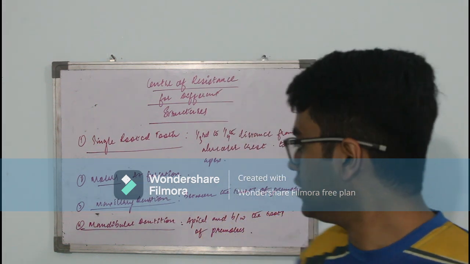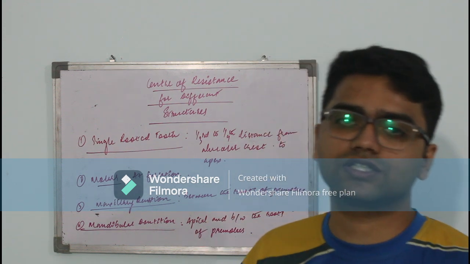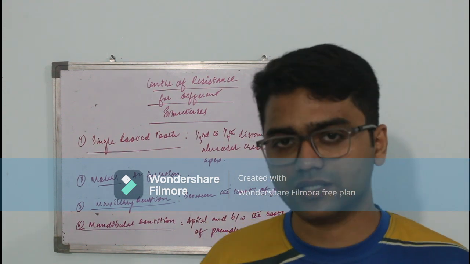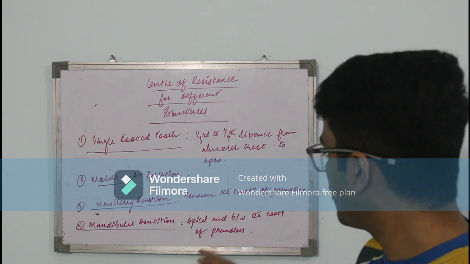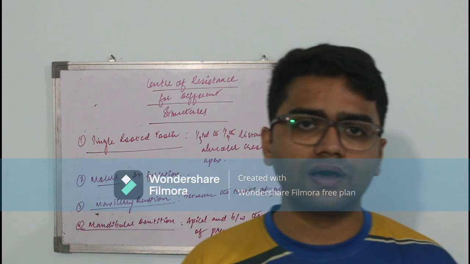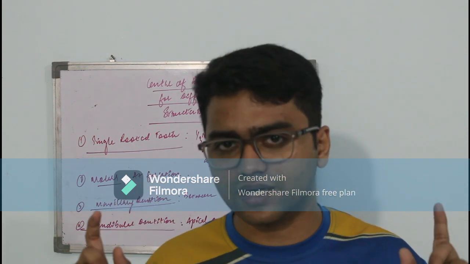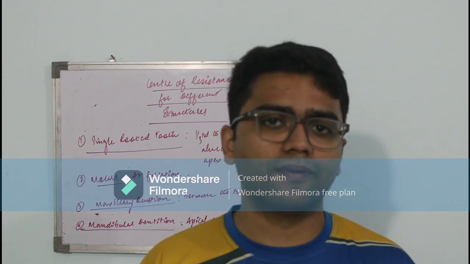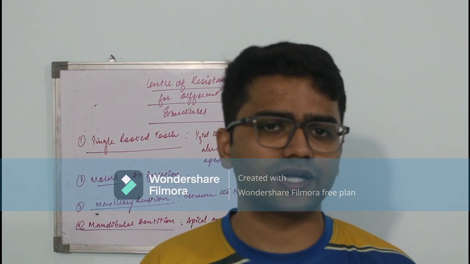For the maxillary dentition, I find my center of resistance between the roots of the premolars. Even in the mandibular dentition, it is apical and between the roots of the premolars. If I speak about the maxilla as a whole, I get my center of resistance posterior and superior to the zygomatico-maxillary suture, or inferior to the orbit also I can say.